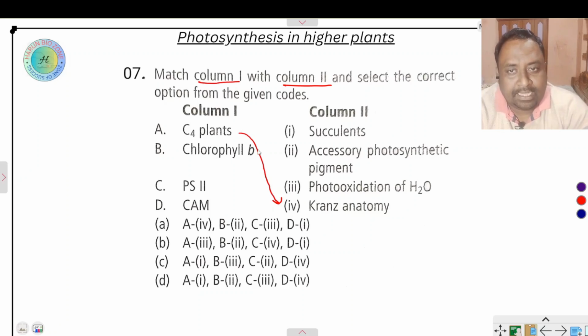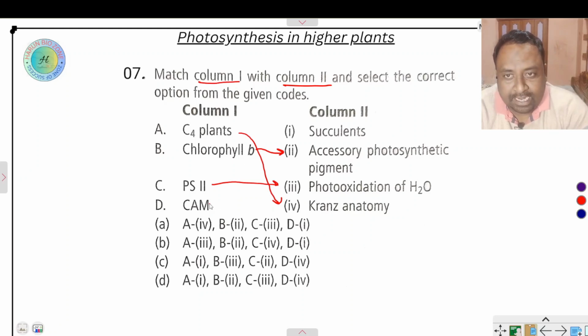Chlorophyll b is an accessory photosynthetic pigment, because chlorophyll a is the primary photosynthetic pigment; chlorophyll b, carotenoids, xanthophyll, etc. are accessory photosynthetic pigments. PS2, where photooxidation of water occurs, is called photolysis of water, discovered by Robin Hill, so called the Hill reaction.